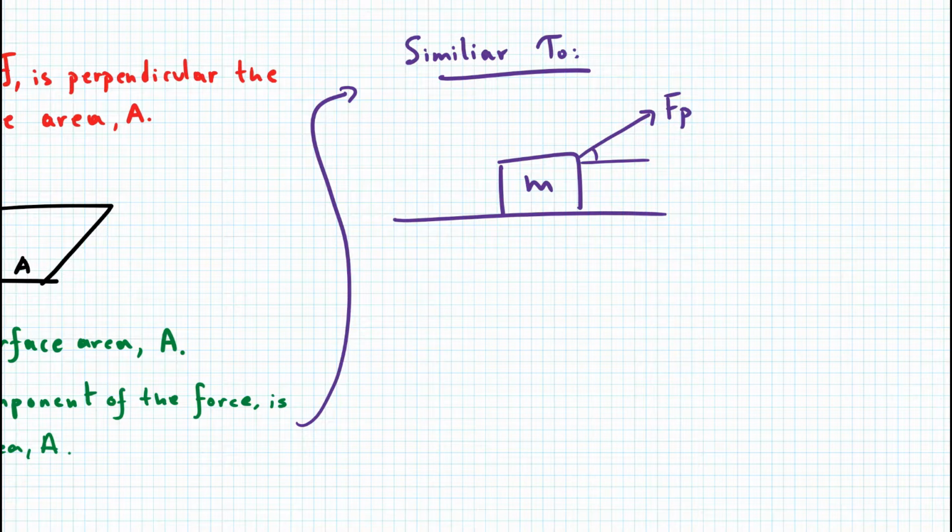Again, force is a vector quantity, so it can be decomposed into parts. I'll call the horizontal component Fpx and the vertical component Fpy. Since the box is neither moving up nor down, Fpx is the only component of the force that drags the mass m along the floor.